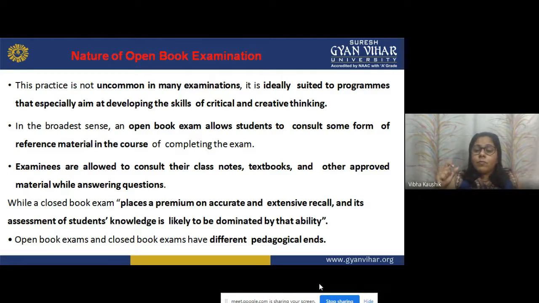When we use the closed or traditional form, we are assessing the student's knowledge on the basis of how they are recalling the information. Open book exams and closed book exams have different pedagogical aims.